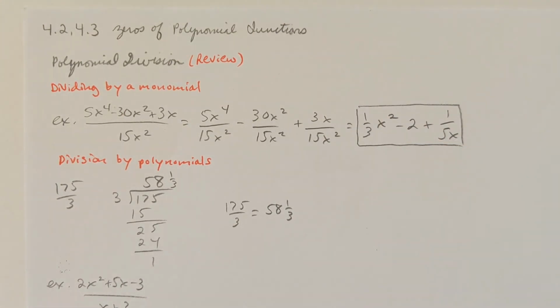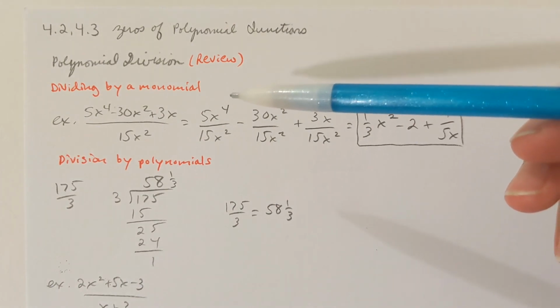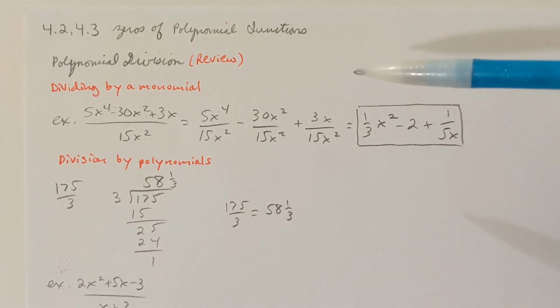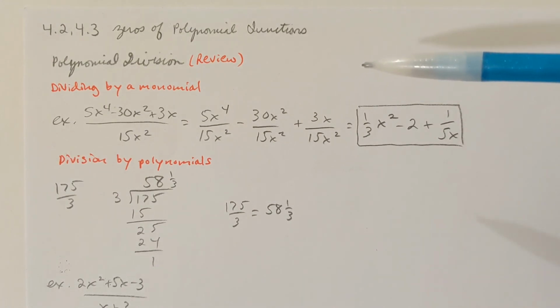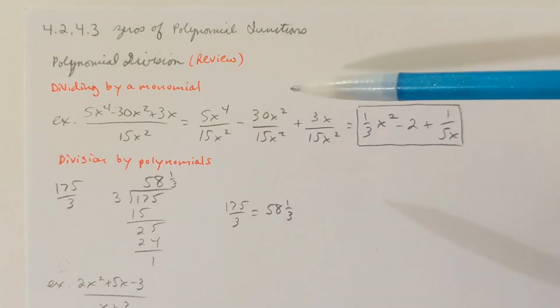So the first thing is dividing a polynomial by a monomial. A monomial is a polynomial that only has one term. So for example, suppose we have 5x to the fourth minus 30x squared plus 3x divided by 15x squared.